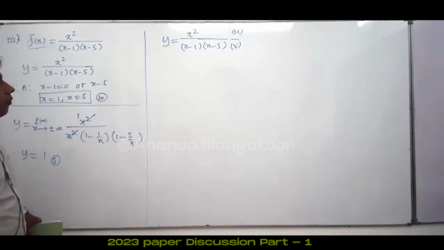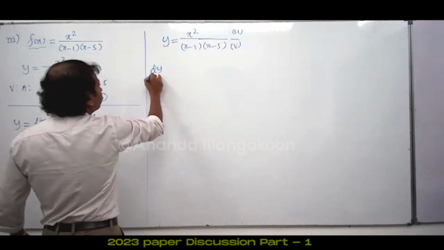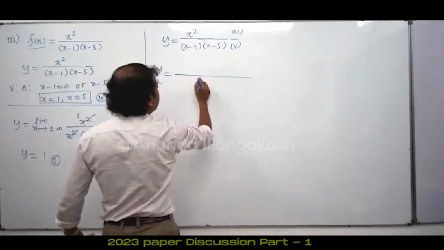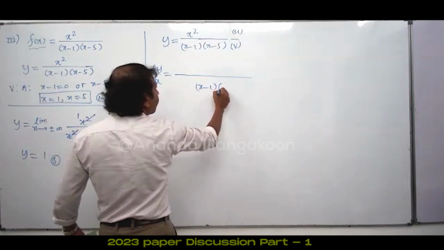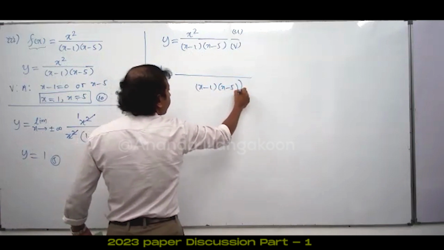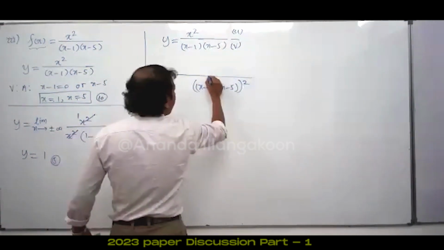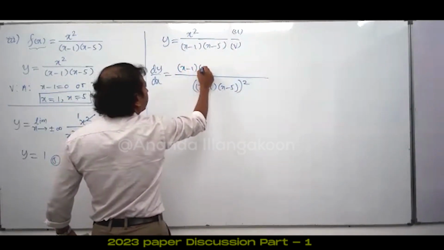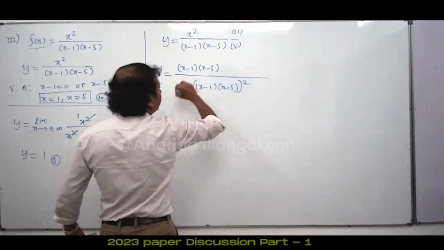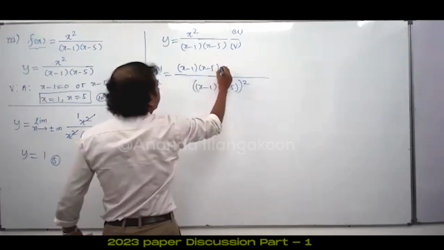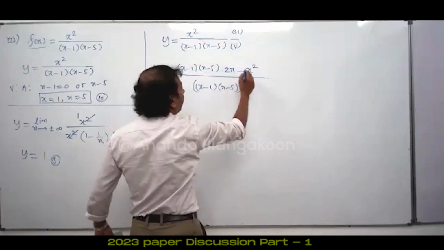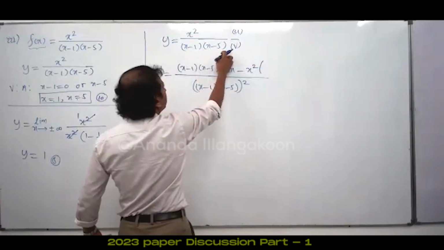What is the formula? dy by dx equals: first we have to square the denominator, perfect square. Then, over this same denominator, the numerator is the denominator times the derivative of this, 2x, minus x squared multiplied by the derivative of the denominator.